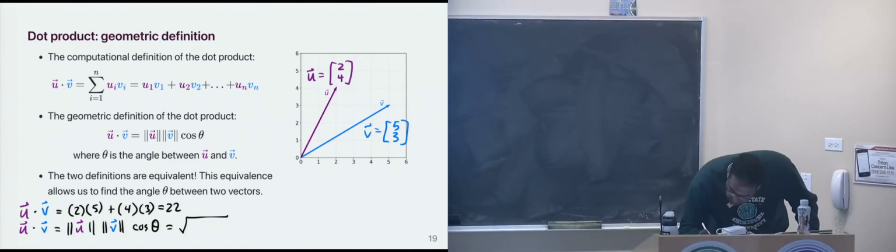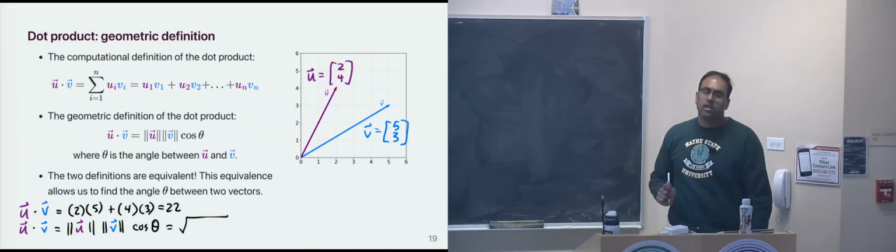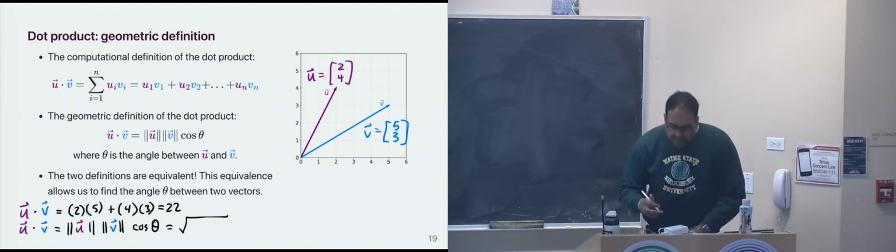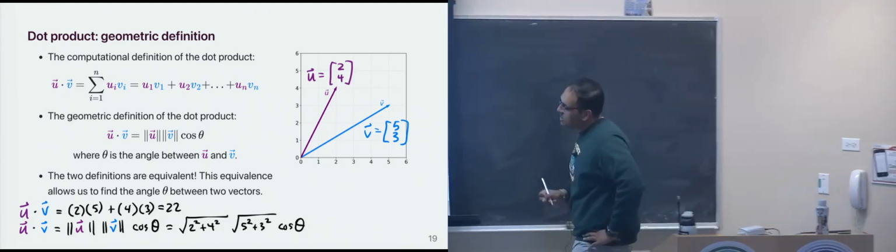What's the length of u? Well, it's the square root of u dot u, this number times this number plus this times this, so the square root of 2 squared plus 4 squared. What's the length of v? The square root of 5 squared plus 3 squared. All of this times the cosine of the angle between them.